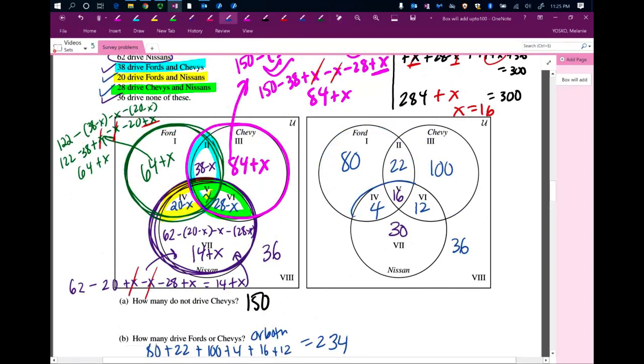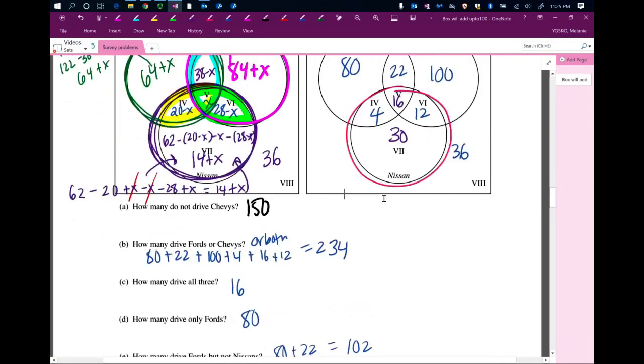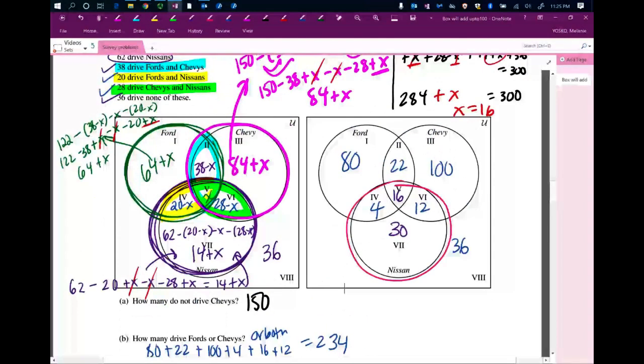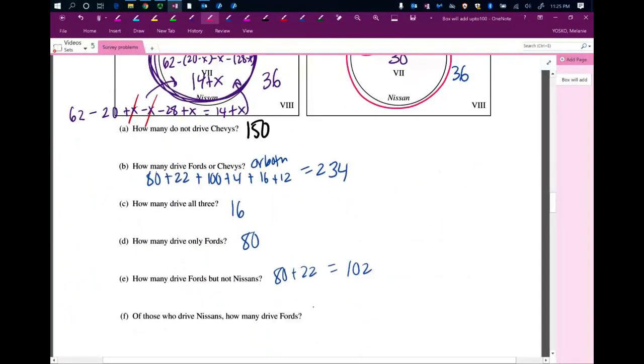Okay, so of those that drive Nissans, now I'm looking at, here's the Nissans. Of those that drive Nissans, how many drive Fords? Okay, well, that's these right here, right? So 4 plus 16? We end up with 20.